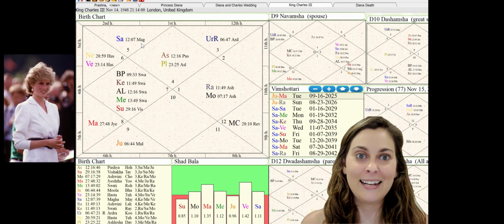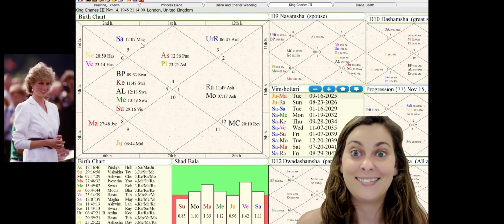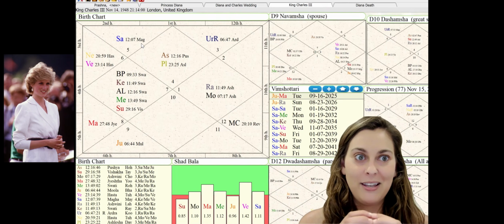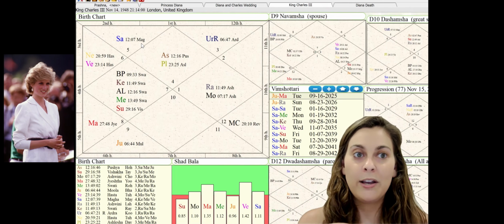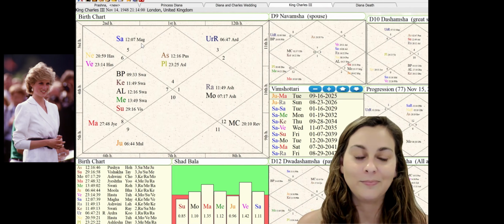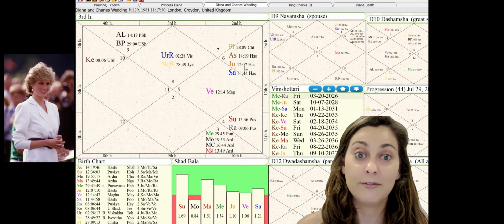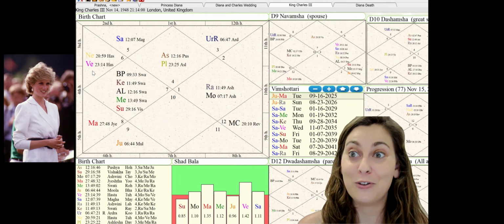They literally had Venus, the planet of relationships and marriage, activating both of their Magha placements, solidifying their royal karma together on the throne. Fascinating. Saturn and Jupiter were in Hasta, Virgo. That's where Prince Charles has his natal Venus.